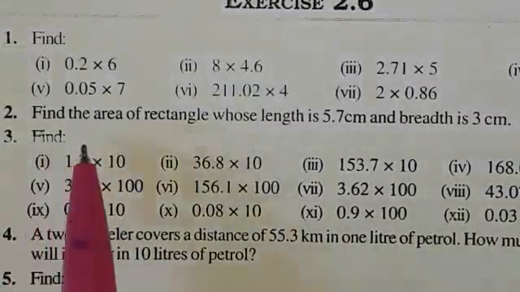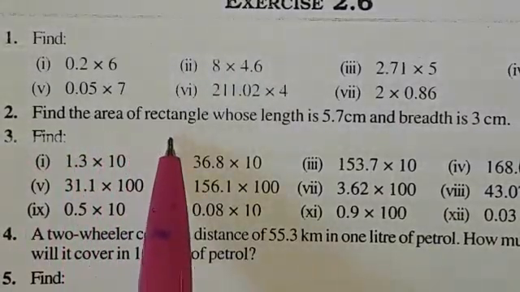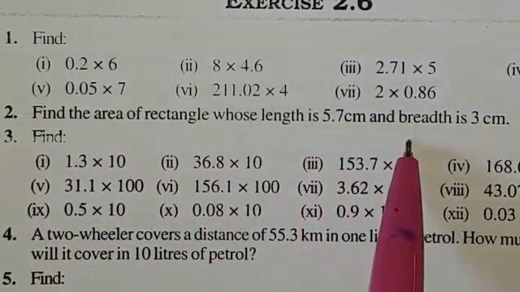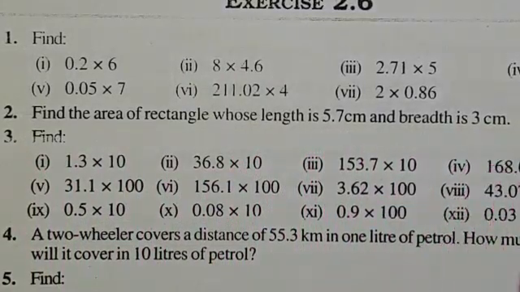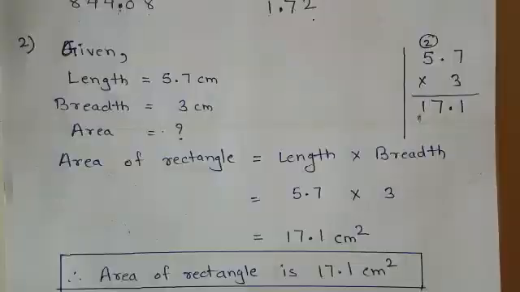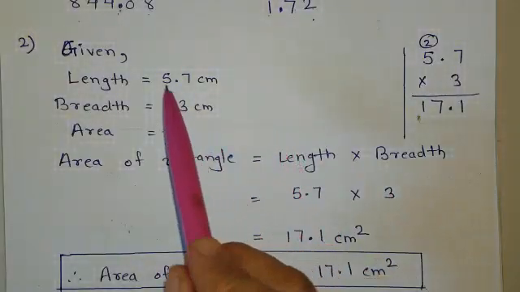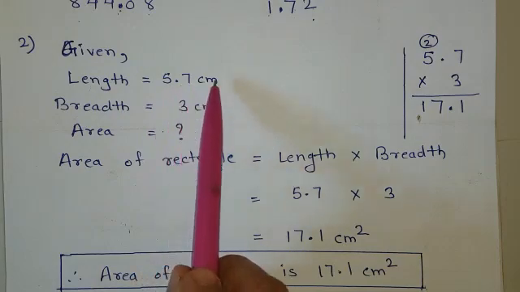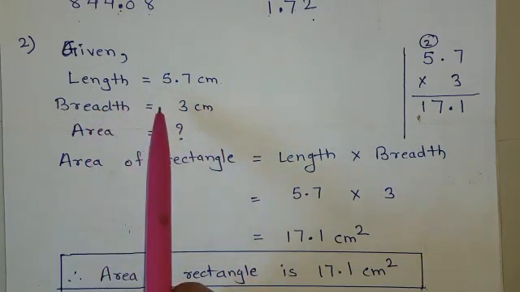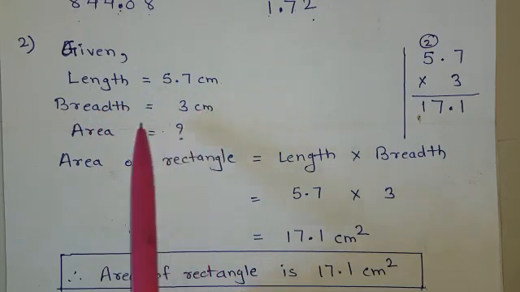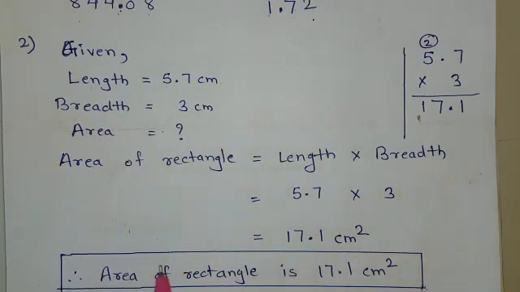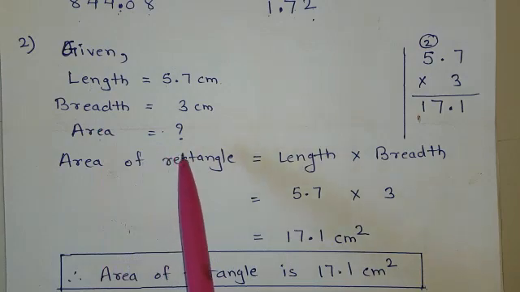Question number 2. Find the area of a rectangle whose length is 5.7 centimeter and breadth is 3 centimeter. Let's see how to solve this question. What is given is the length, 5.7 centimeter, and the breadth, 3 centimeter, and we have to find the area, so I have put a question mark against area.